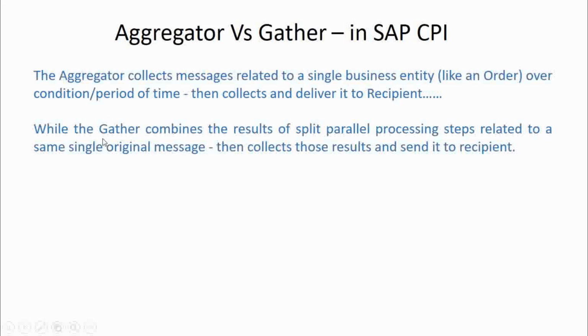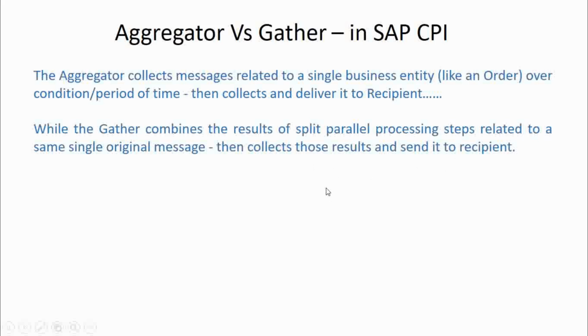But in contrast, gather is from the parallel processing of this same iFlow. So the gather combines the results of split parallel processing steps related to the same message inside the same iFlow and collects those outputs into a single message and then sends it to a recipient.